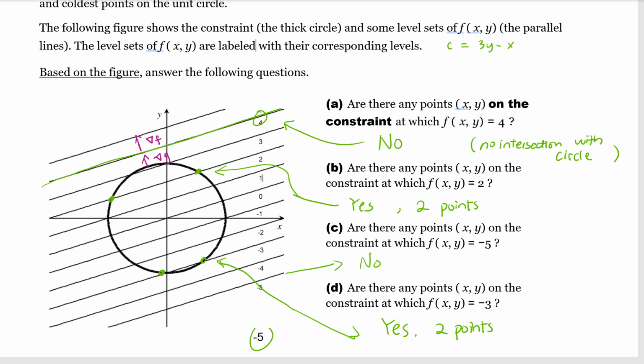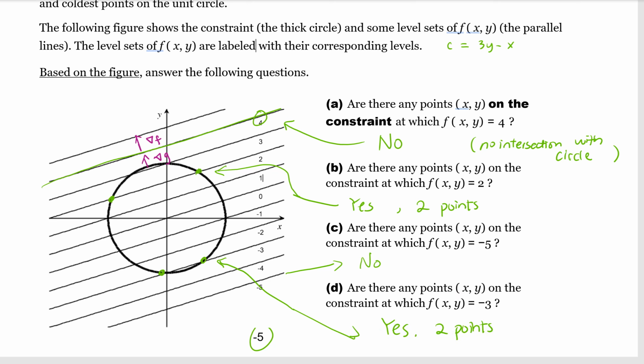What is the maximum value? What's the minimum value? Let me use a different color. You can see this point is the maximum. It's around 3.1 to 3.2, so maybe let's say 3.2. And you can see this guy is around negative 3.2.